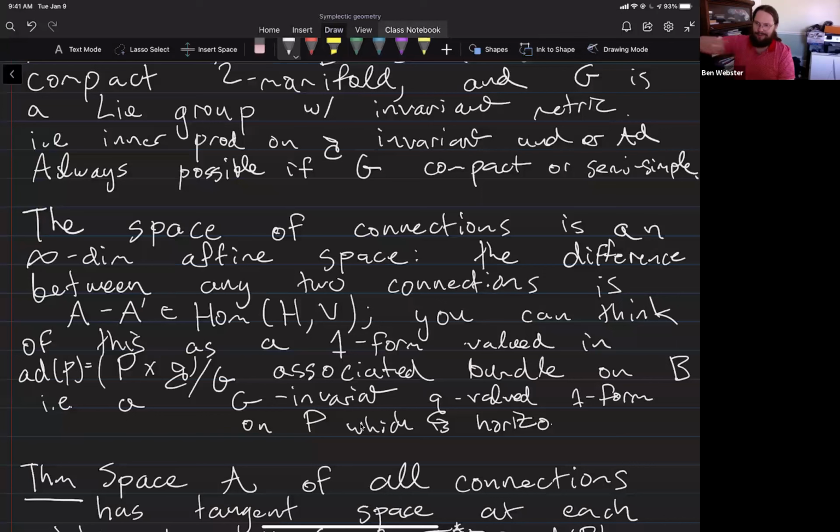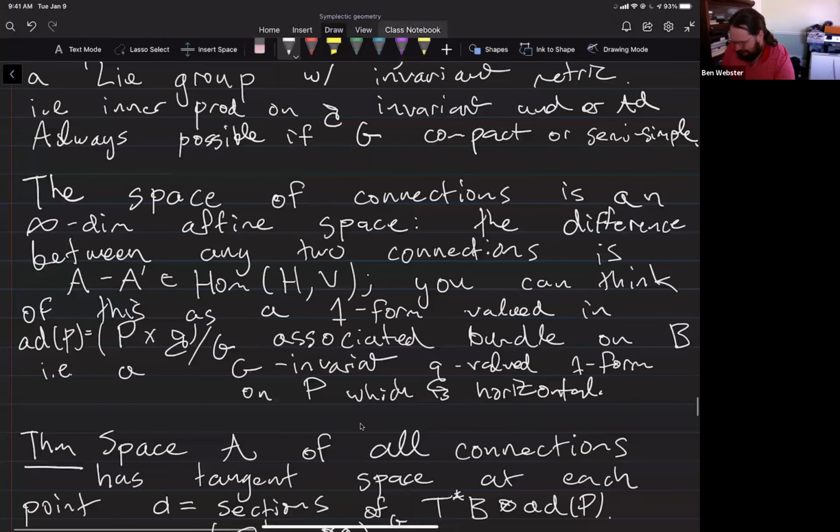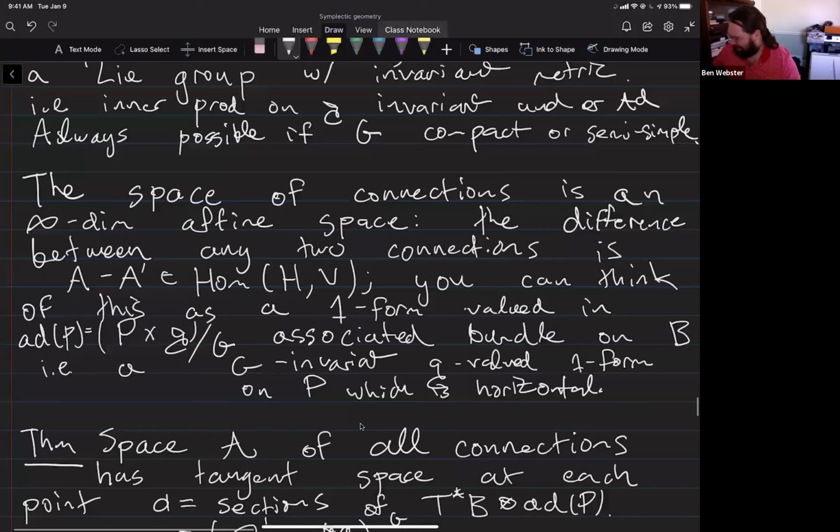I think it's a bit nicer to think of it as something down on B, but Cannas da Silva always avoids doing this because she never wants to talk about associated bundles. She's always hiding them, which, fair enough, but I really like associated bundles, so I don't want to hide them.